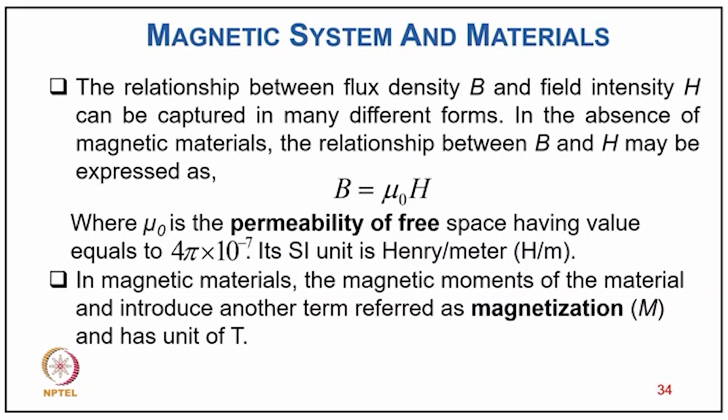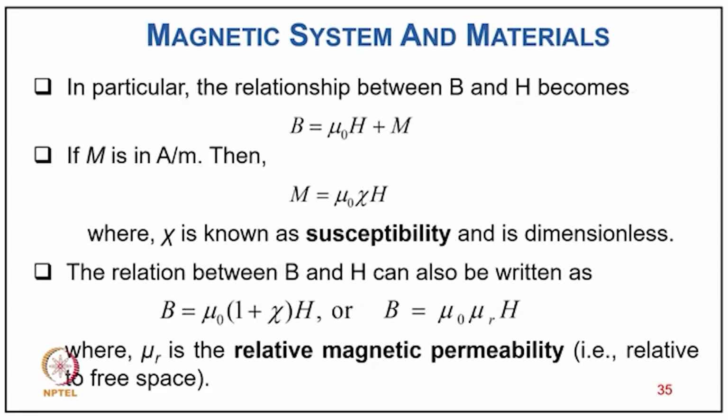In a magnetic material, the magnetic moment of the material introduces another term referred to as magnetization, which has the unit Tesla. In particular, the relation between B and H is B equal to mu 0 H plus M, and M is in ampere turns per meter. Then M equals X times H, where X is known as the susceptibility, and it is dimensionless because it is a relative term.